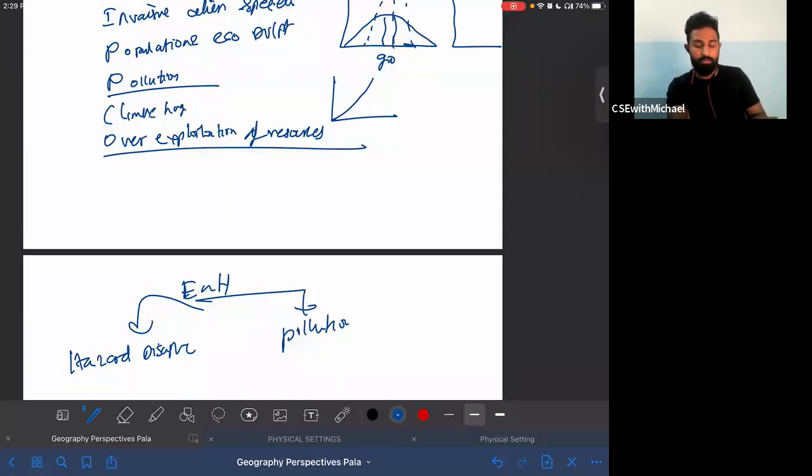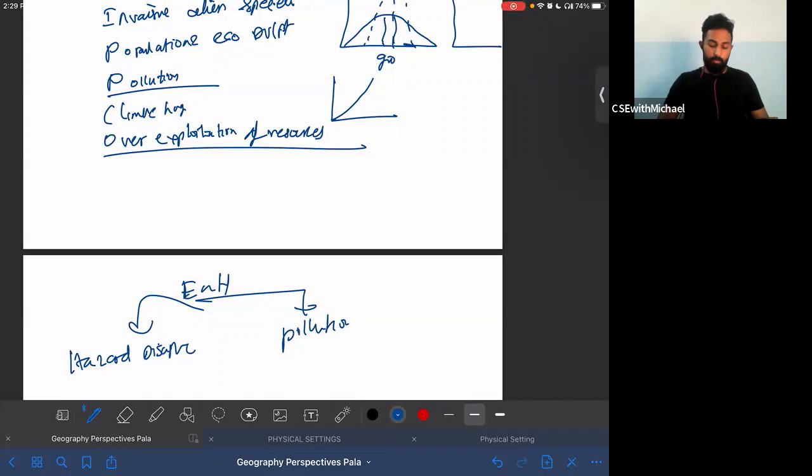We come back to the narrow sense. In narrow sense, environmental degradation refers to lowering of quality of physical environment. Bracket lithosphere, atmosphere, biosphere. Right.